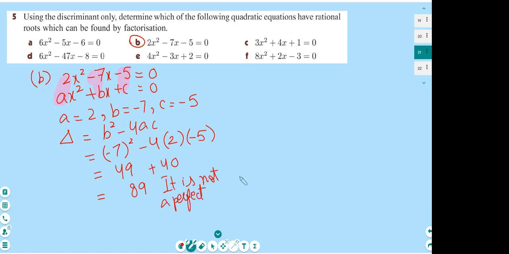So when we have a number that is not a perfect square, it means the roots will be irrational, right? And they cannot be solved by factorization. So we can say the roots are not rational.